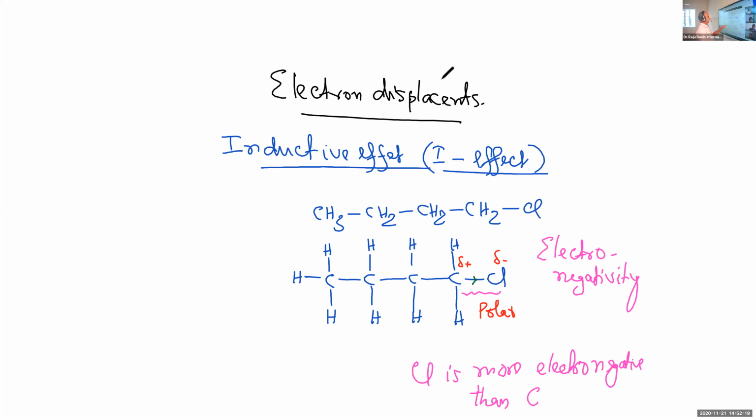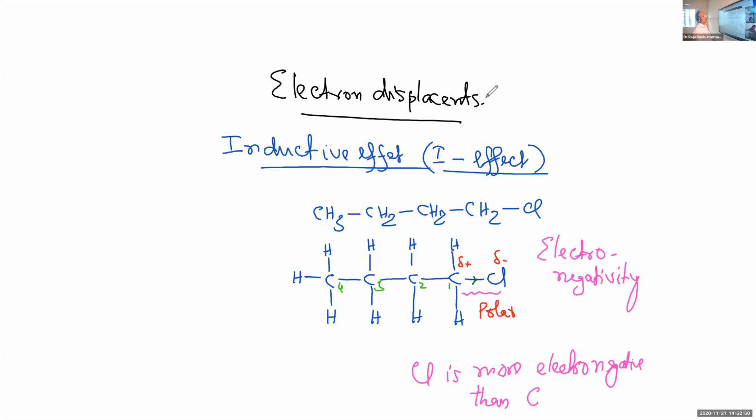Due to the polarity, what happens to the electron pair present in the carbon-carbon chain? Let us mark the carbon atoms like this: carbon atom number 1, 2, 3, and 4.